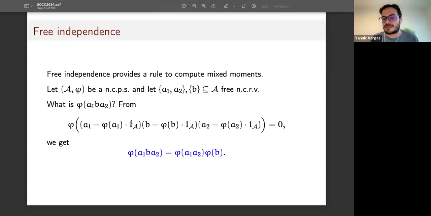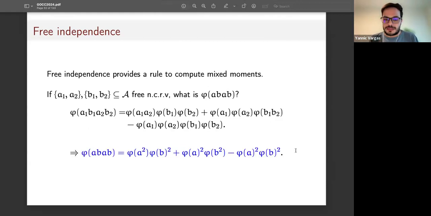For example, if I apply the same trick to phi of A1 B A2, as soon as A1, A2 are free with respect to B, then this is what we get. So phi of A1 B A2 splits like that, and I cannot split A1 and A2 anymore because I don't know if they are free between them. All I know is that A1, A2 are free with respect to B.